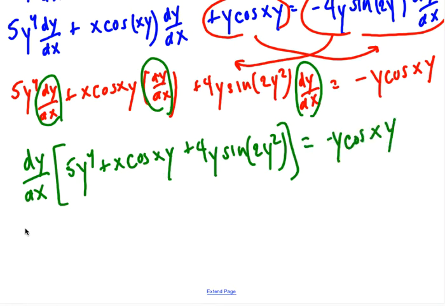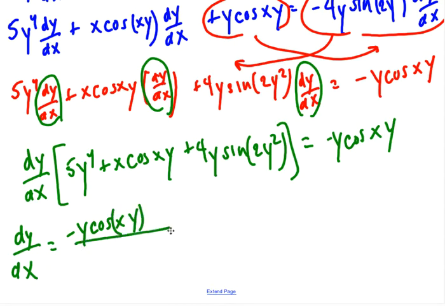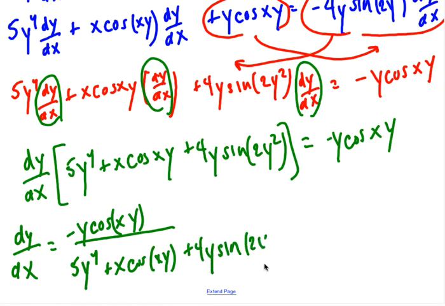Then I divide that entire thing over, and I get that my dy/dx is equal to negative y cosine of xy over 5y to the 4th plus x cosine of xy plus 4y sine of 2y squared.